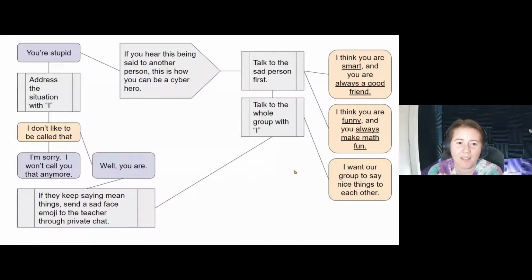Give yourself a minute and look at this flow chart and ask yourself, what's something that I might change on it to work with my class, my personality, and my students?